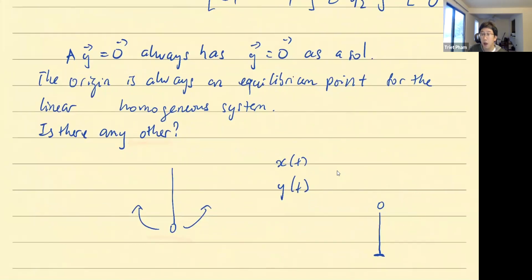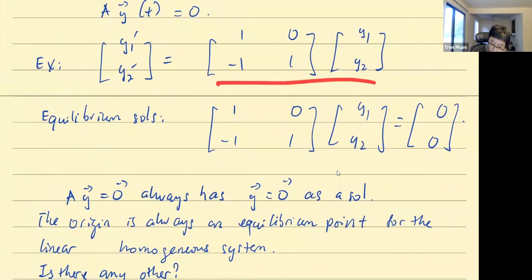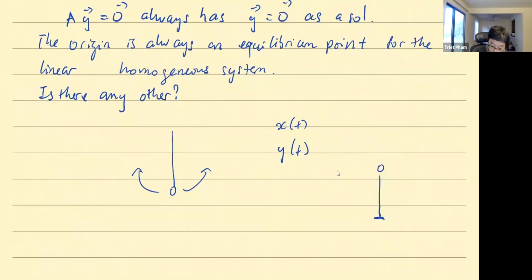So, for example, looking at this, you see that the only solution is 0, 0. Why? Because y1 must be equal to 0, and then plugging in y1 equal to 0, you get y2 equal to 0. And so this question is actually a very easy question to answer. You can look at the system by itself.